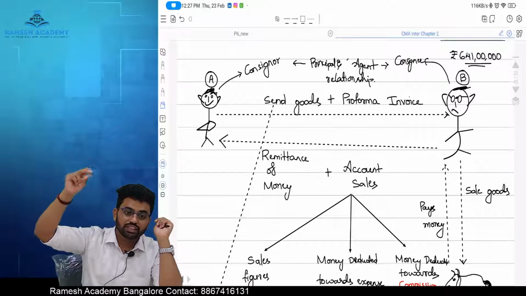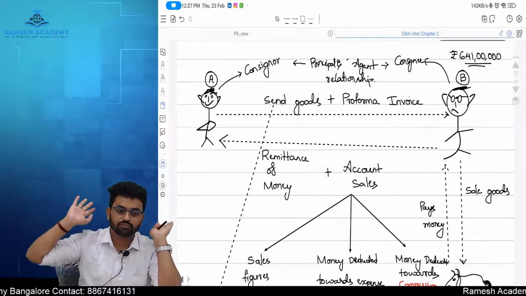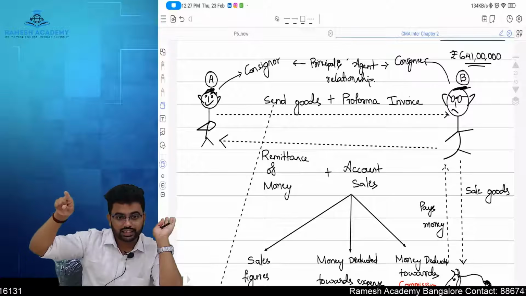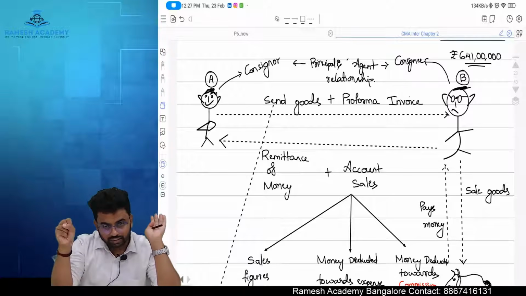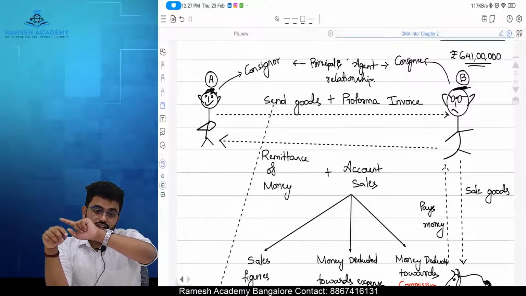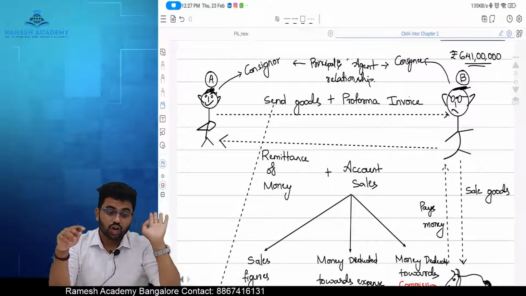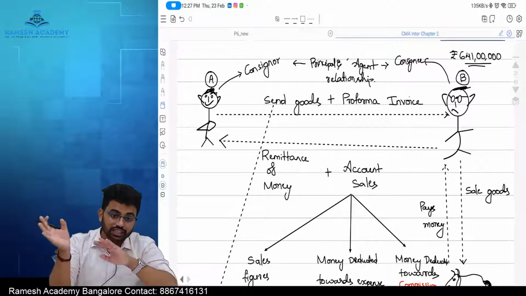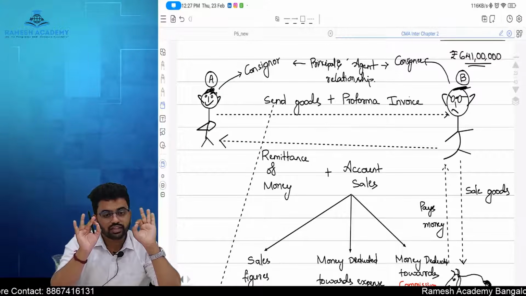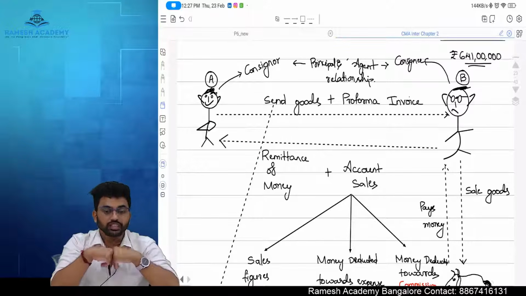The goods will be the stock of the consignor and the risk of the goods will be of the consignor, not the consignee. Although it is lying in the godown of the consignee, it is at the risk of the consignor. Ownership will be with the consignor until it is sold to the customer.